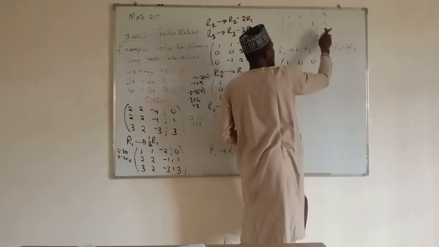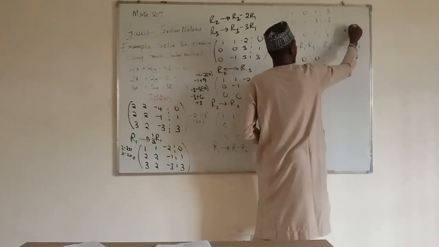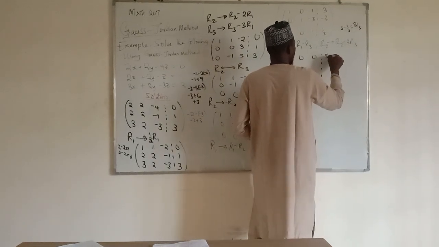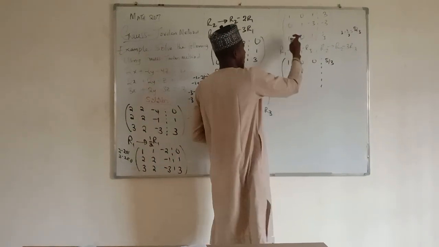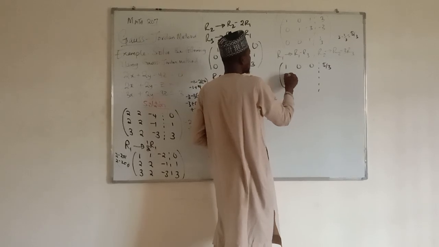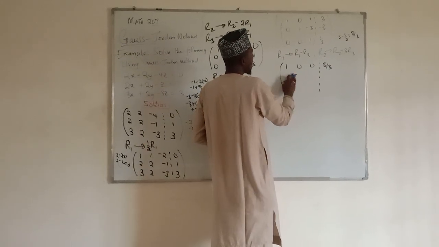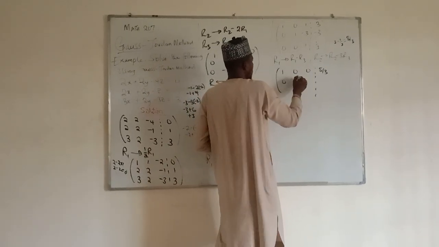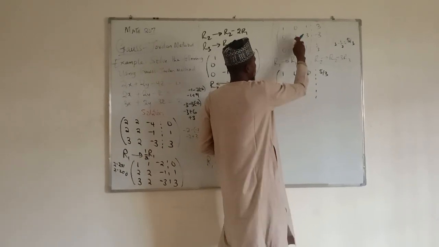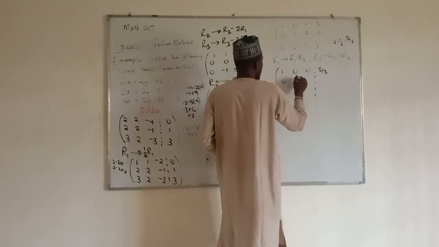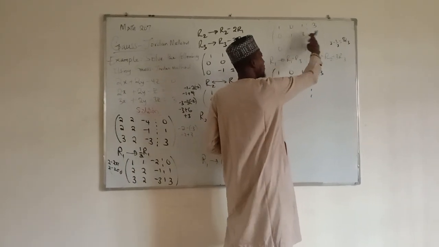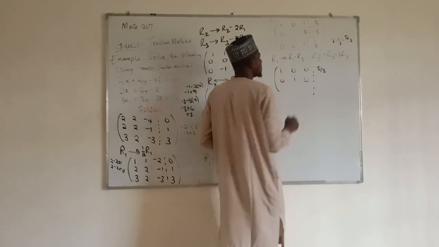Then we have 3 minus 1 over 3, which is 8 over 3. Then for R2, 0 minus 0 is 0. 1 plus 3 times 0 is still 1. And minus 3 plus 3 times 1 is 0.